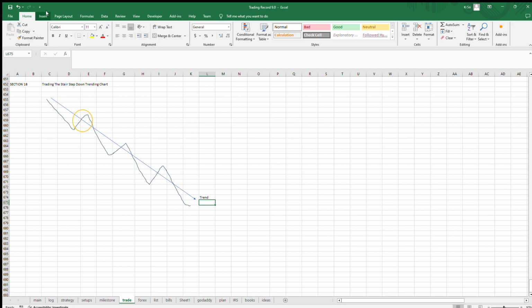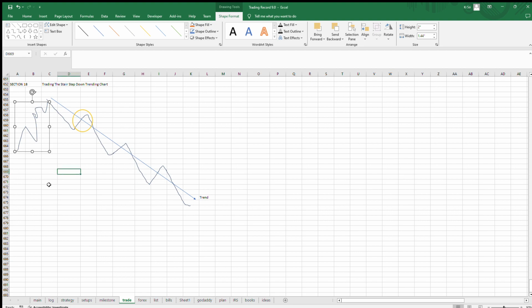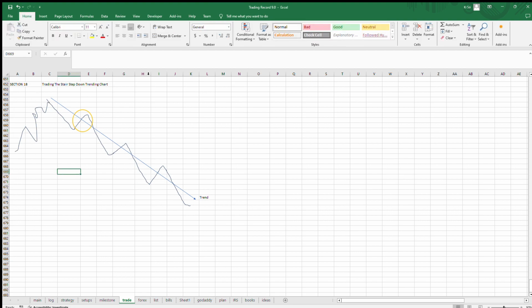Because I don't know what happens here to get to this point, and there's a shift that occurs at that moment to get to that point, right?